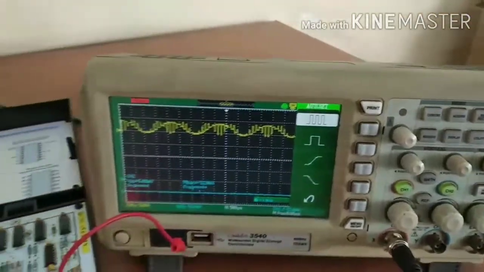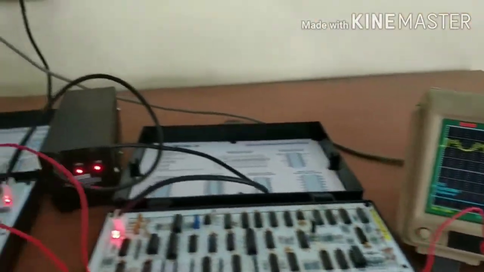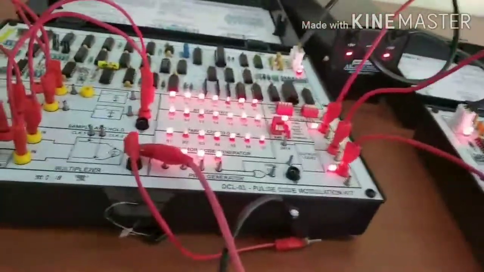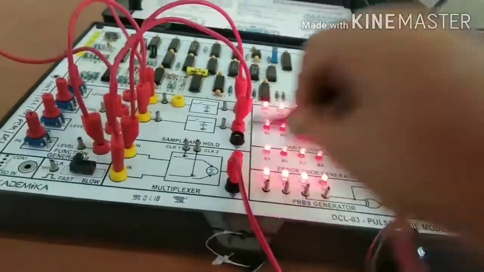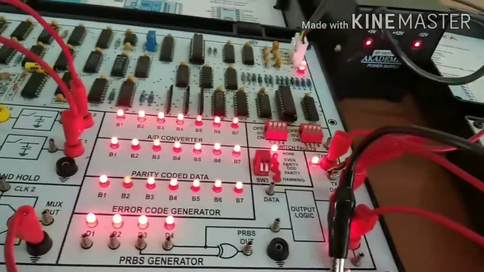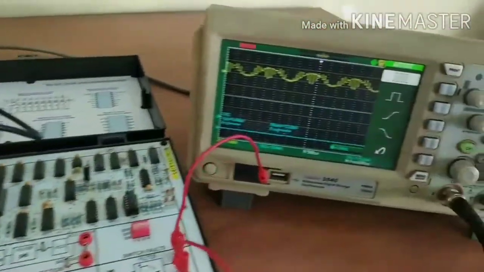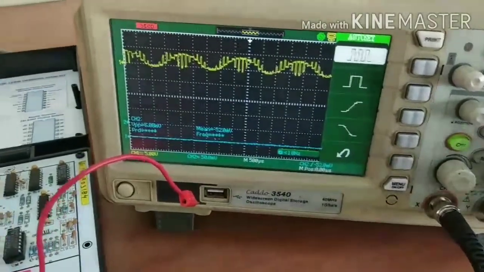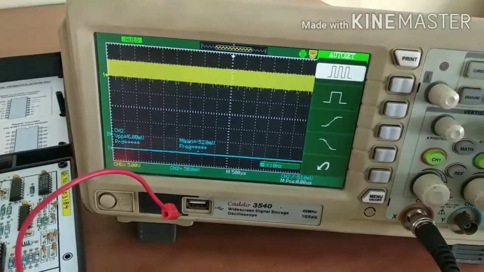Then we go to the next signal, the TX clock. For the TX clock, we need to connect the probe at the TX clock. Then we need to observe it on the DSO. Press the auto button.